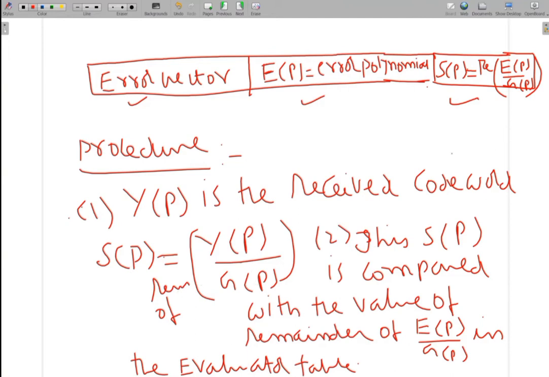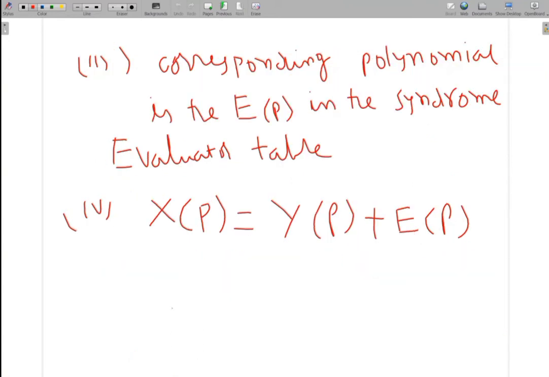That remainder is equal to the value of the remainder of E(p) by G(p) in the evaluator table. The corresponding error polynomial E(p) is determined. Finally, correct the corrupted transmitted code word: X(p) is equal to Y(p) plus E(p).